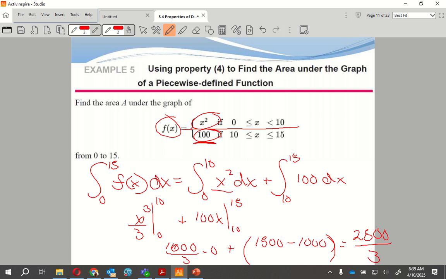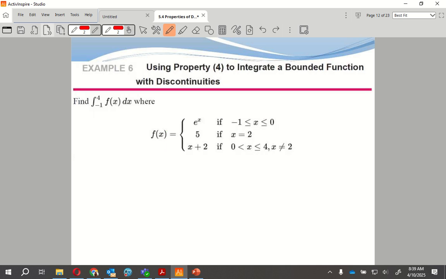Yeah. Alright, let's see what we got here. Now we have a bounded function starting from -1 going to 4. So this one right here. If I'm finding the area under this, this one's gonna be interesting.